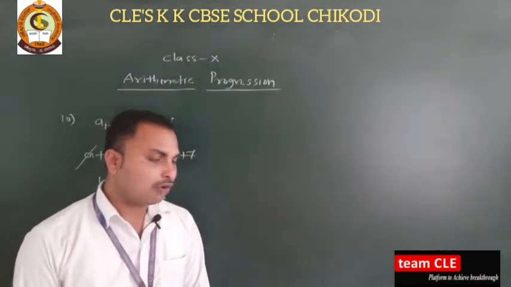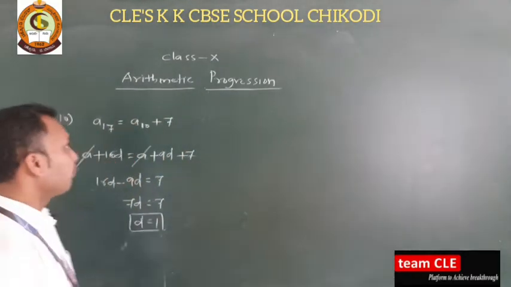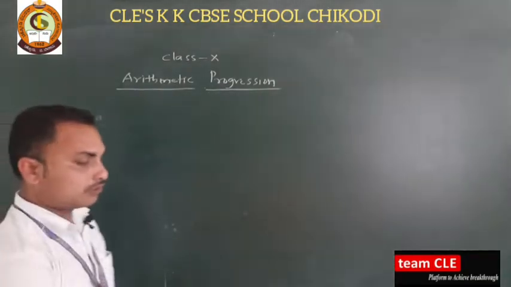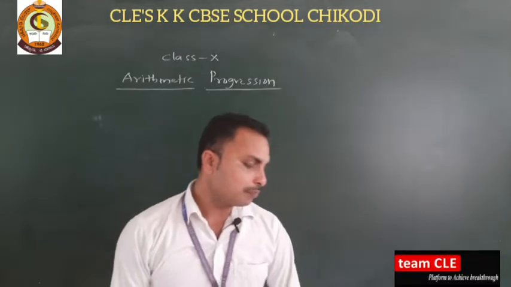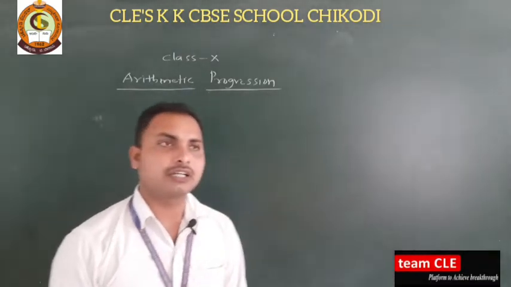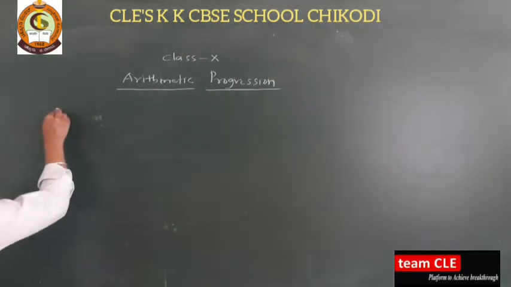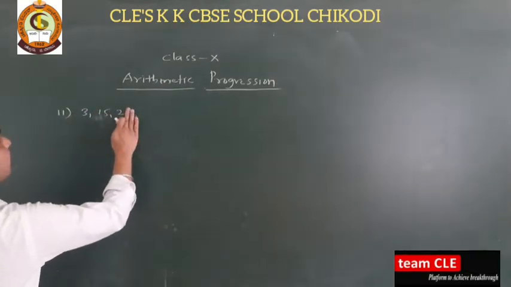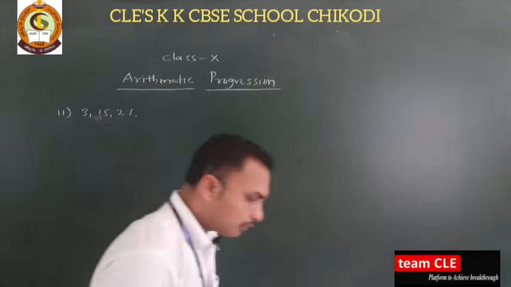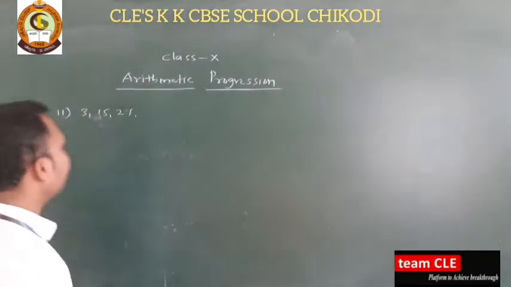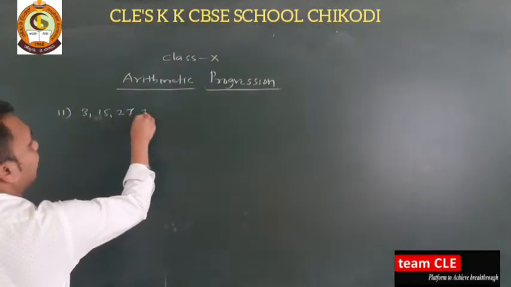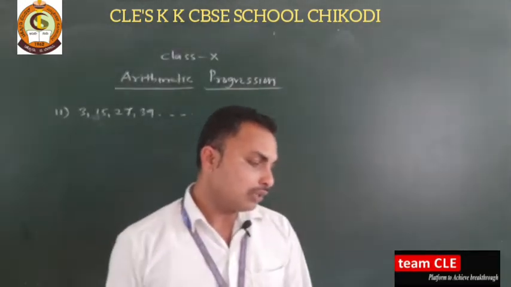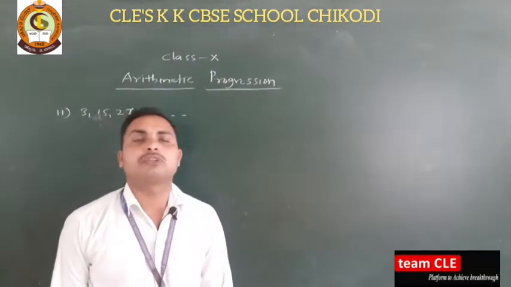Which term of the AP? Question number 11. This is very important. See, dear students, which term of the AP 3, 15, 27, 39, and so on will be 132 more than its 54th term?